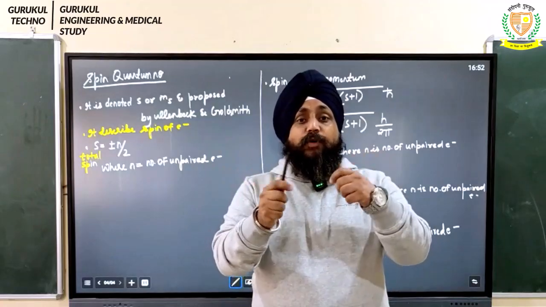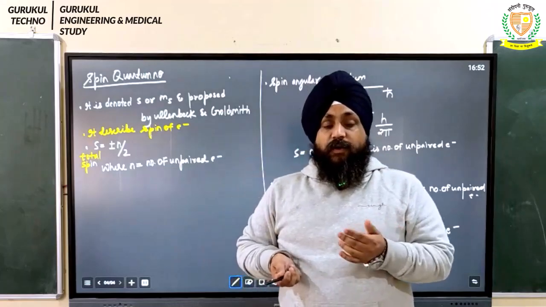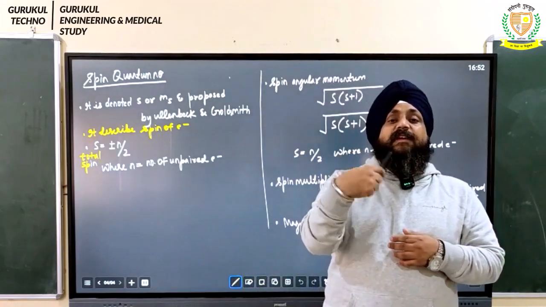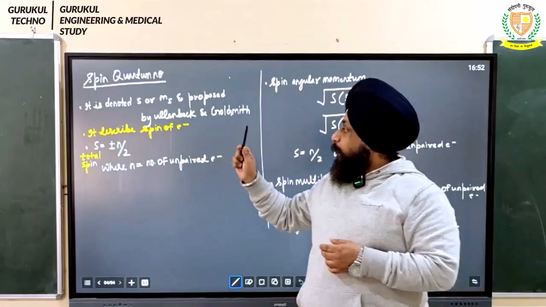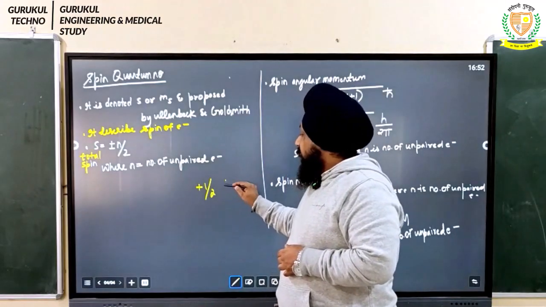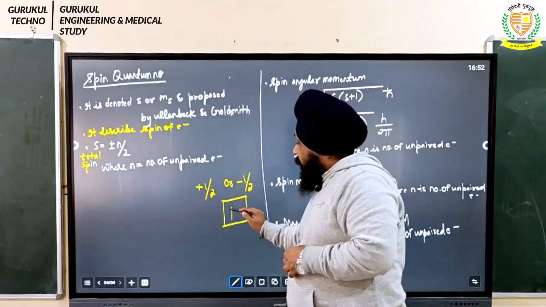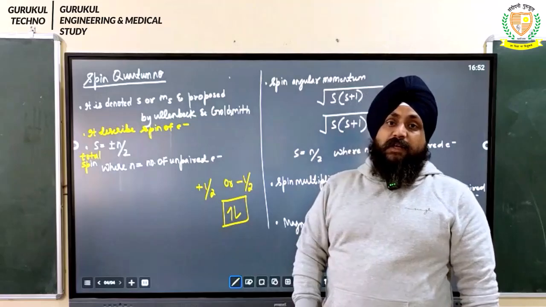Otherwise, if both are moving in clockwise, their energy will increase and they will try to move out. So one spin should get cancelled by another. So if one has spin +1/2, then the other should be -1/2. We are talking about these 2 electrons which are present in the orbital.